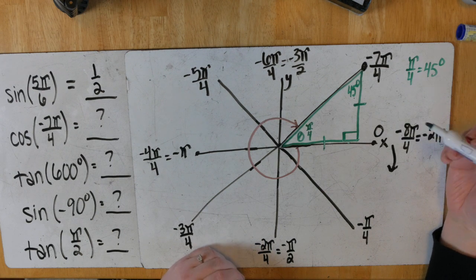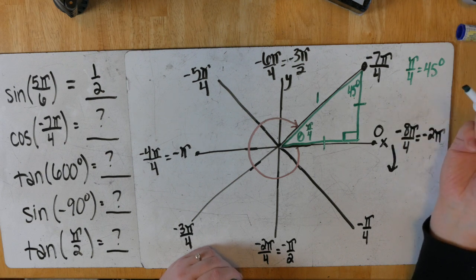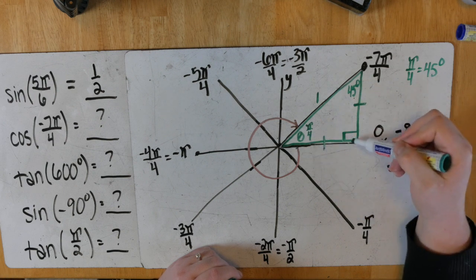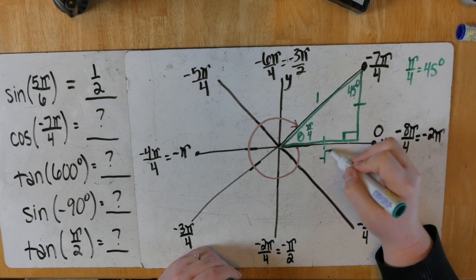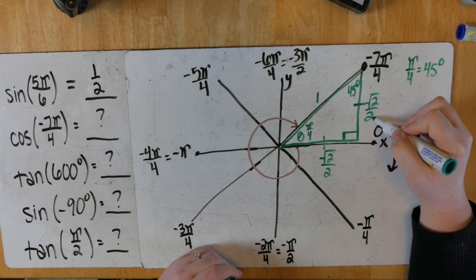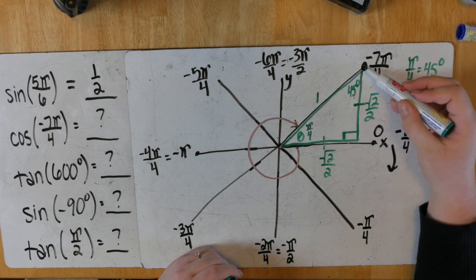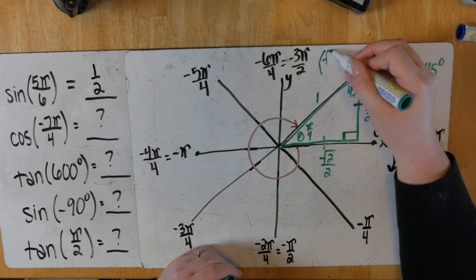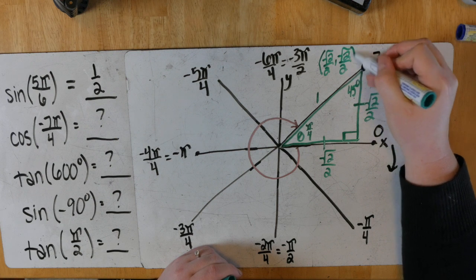And I know that if the radius has to be 1, which we know it does in the unit circle, then the side lengths, to stay proportional to the 45, 45, 90 side length pattern, have to be the square root of 2 over 2, and the square root of 2 over 2. Which again, the side lengths correspond to the coordinate point where we see this angle intersect with the unit circle. Root 2 over 2, root 2 over 2.